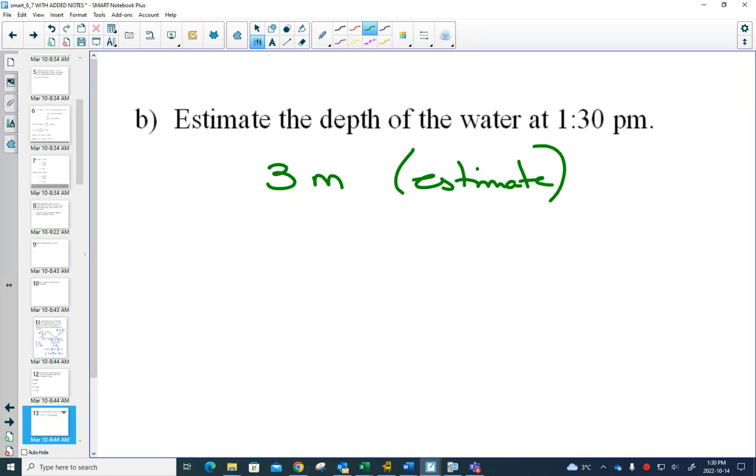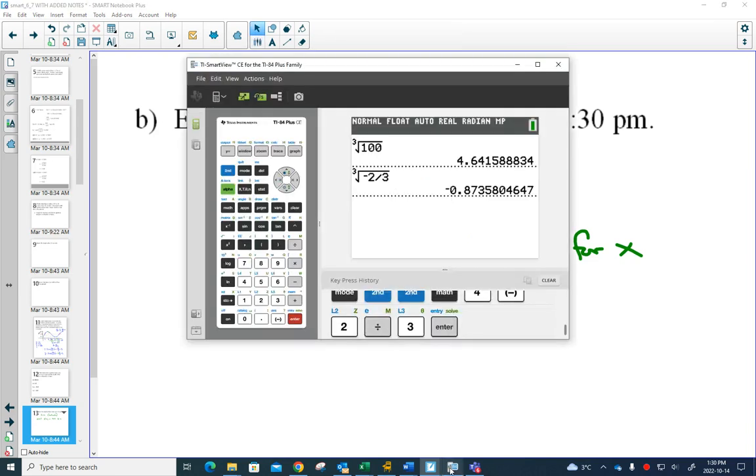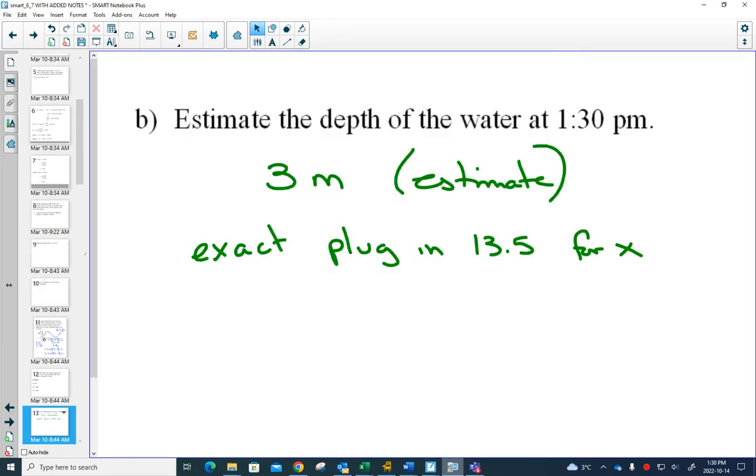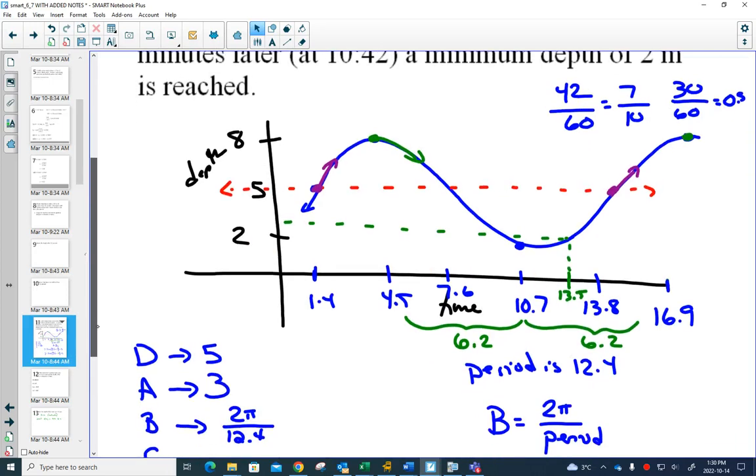If you wanted to find it exactly, 13.5 for x. And it wouldn't be hard. You could take out your calculator. We use one of these equations.